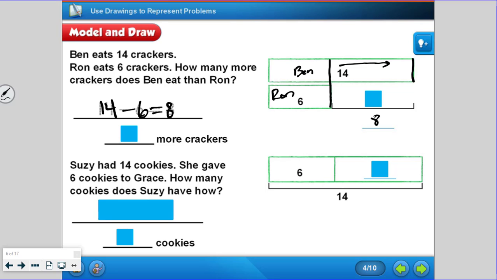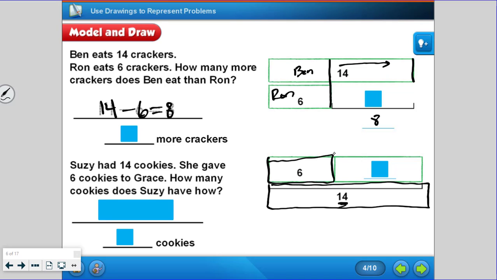So let's do a similar one. Susie had 14 cookies. So that's this number here, the larger part. She gave 6 cookies to Grace. How many cookies does Susie have now? With this one, our bar model's changed a little bit, so we have to pretend, just like in the top one, that 14 is a big bar, and we're comparing it to this bar, which is 6.